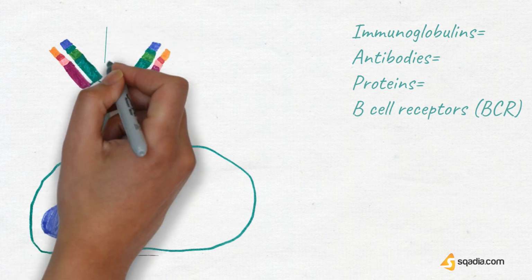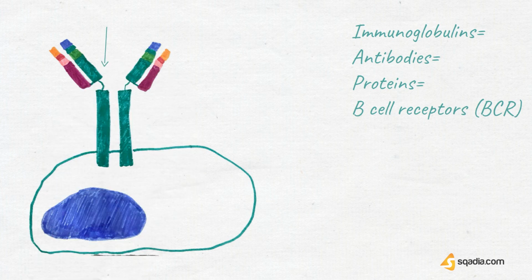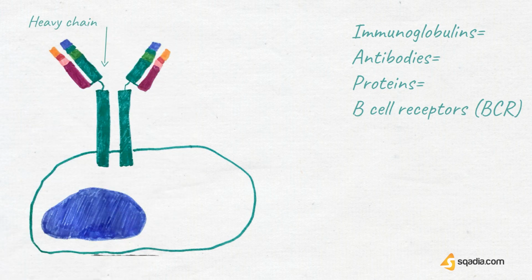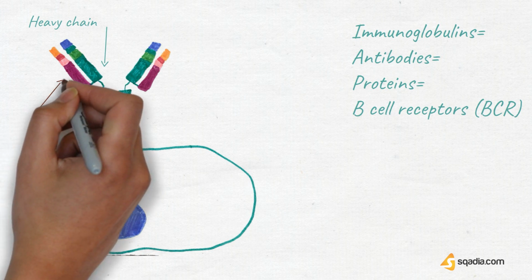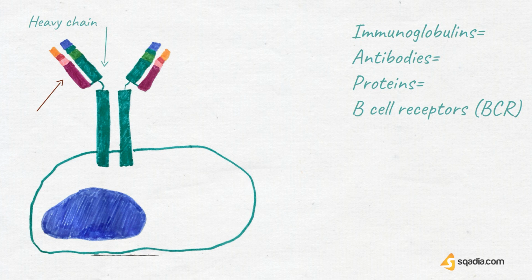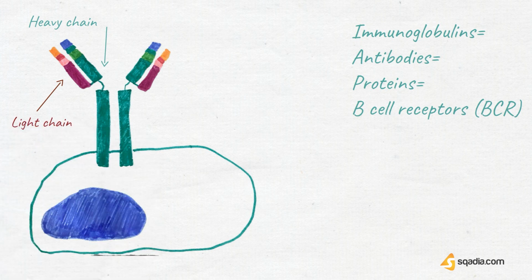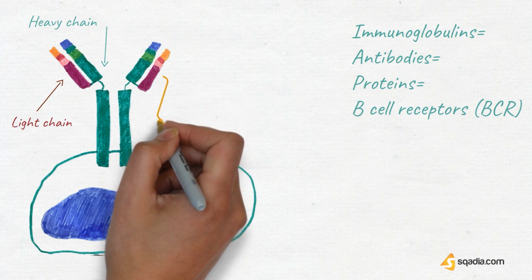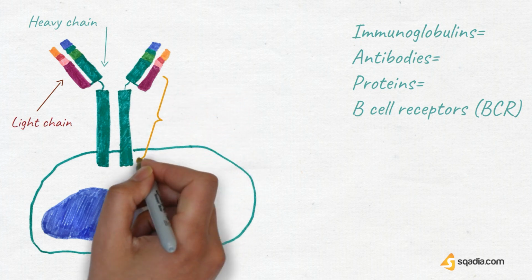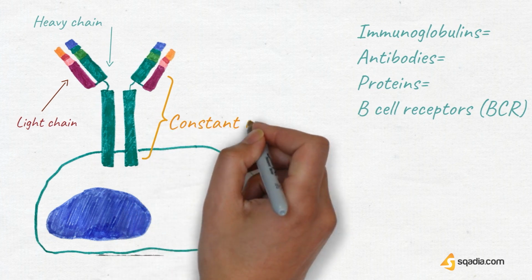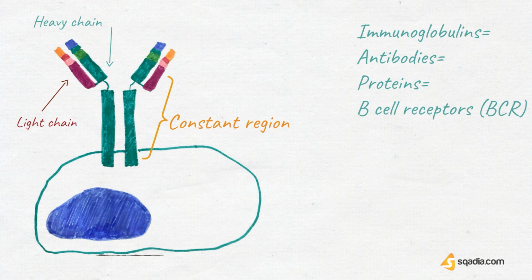The structure of the antibody forms the letter Y. Antibodies are made of two heavy chains, the big ones in green-blue color, and two light chains, the small ones, in pink, orange, red color. Every heavy chain and every light chain have a region composed of amino acids in a stable order, so this region is called the constant region.